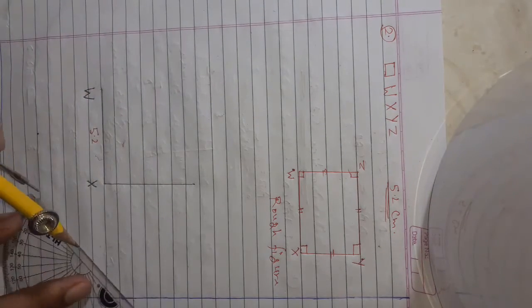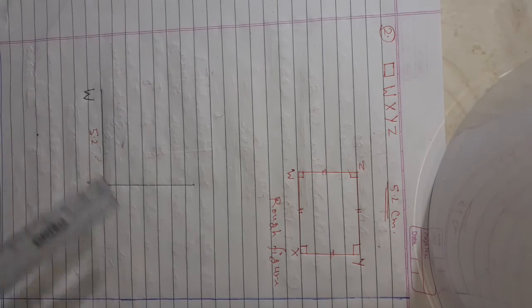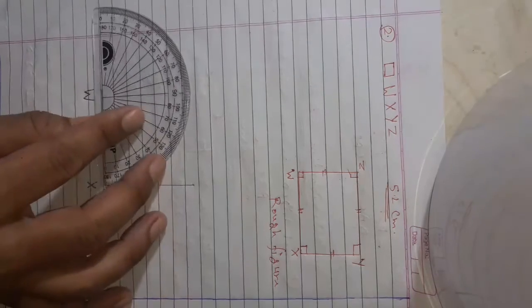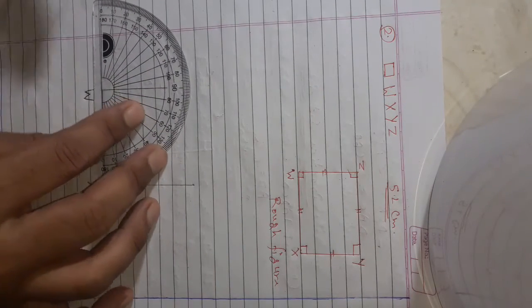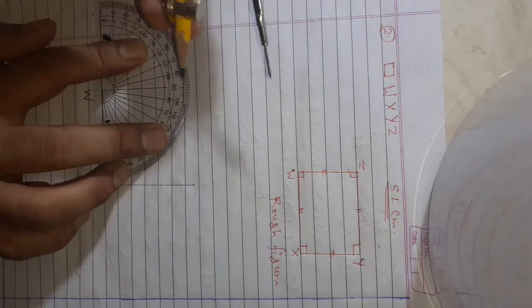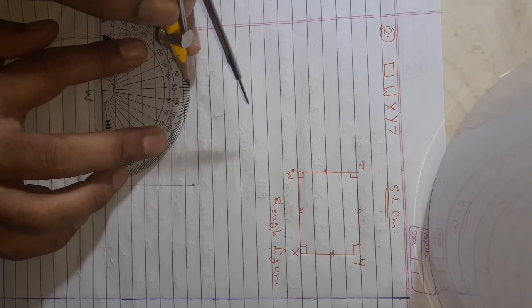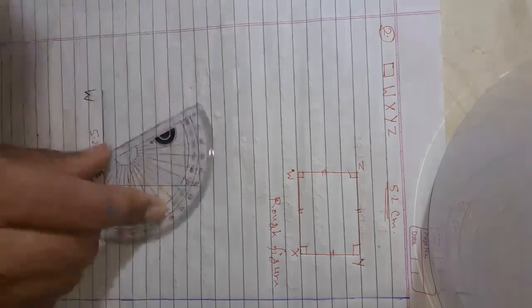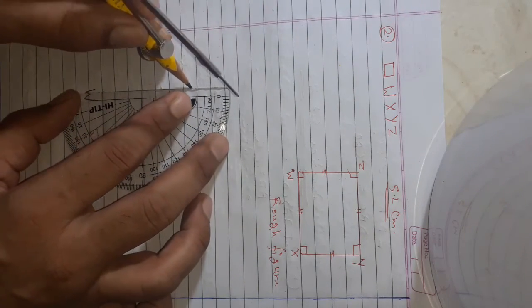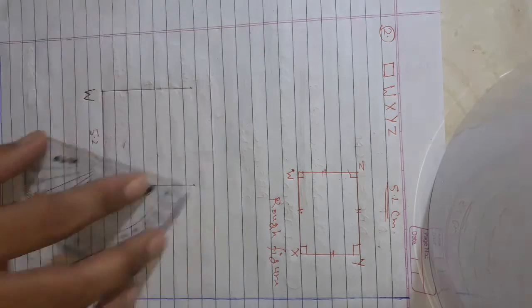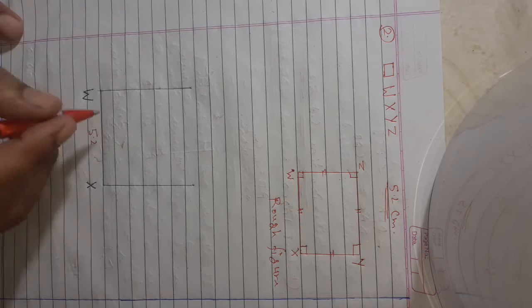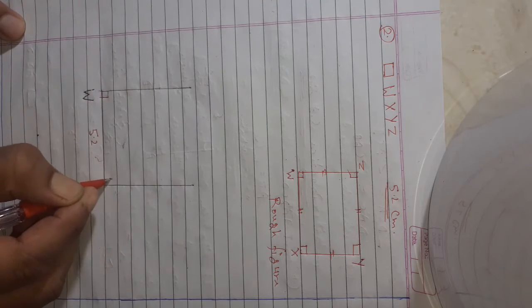And now here also you draw angle 90 degree. Here also you draw angle 90 degree. As here 90 degree, here also 90 degree.